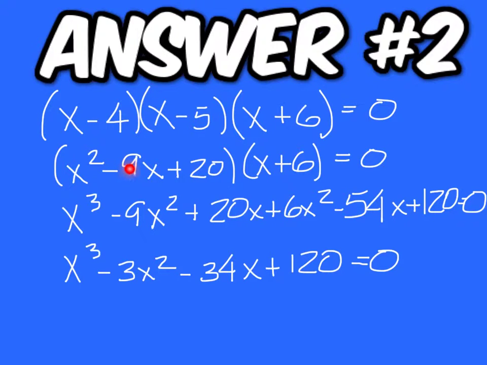So if you want to skip the step where you end up with negative 4x minus 5x and then you have to combine them to get to this, that's okay to do that. But the answer is x to the third minus 3x squared minus 34x plus 120 equals 0.